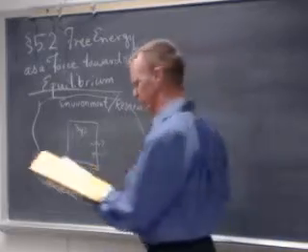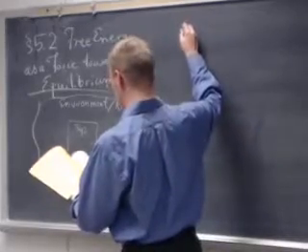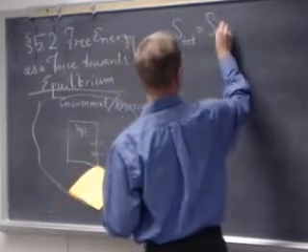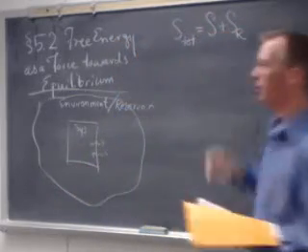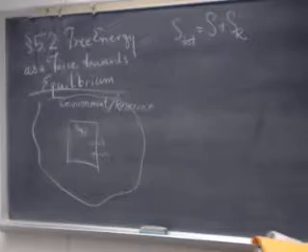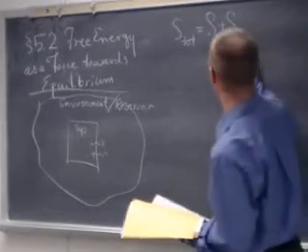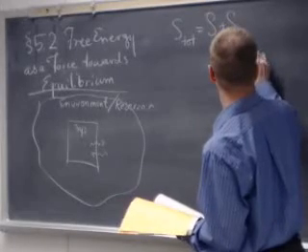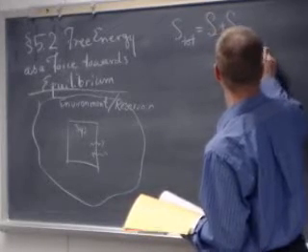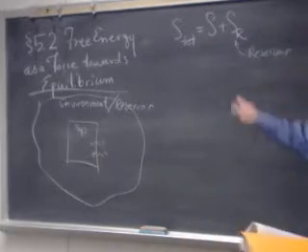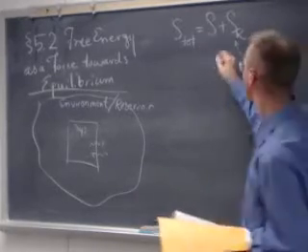So let's write down the total entropy. The notation I'm using is subscript R for the reservoir, and I will put no subscript for the system.